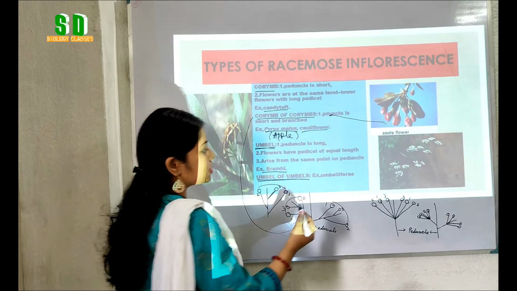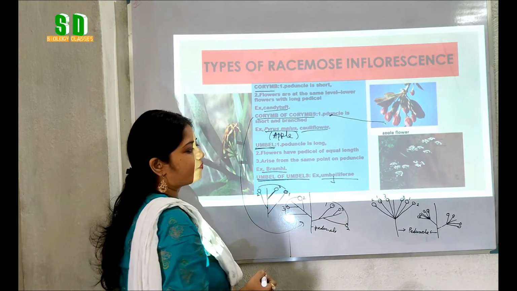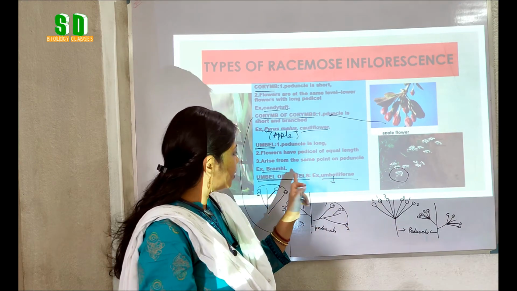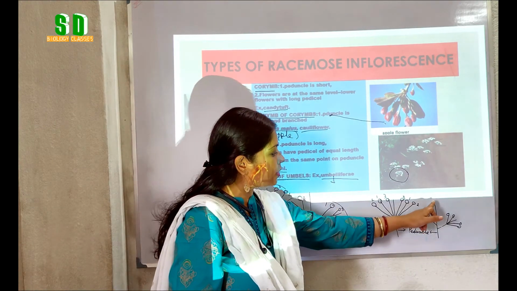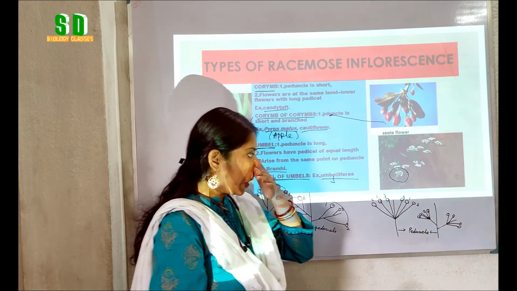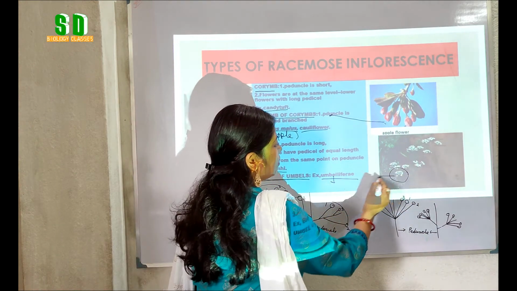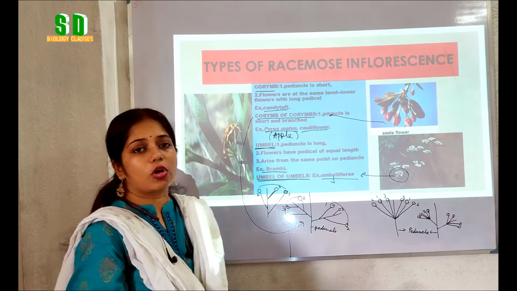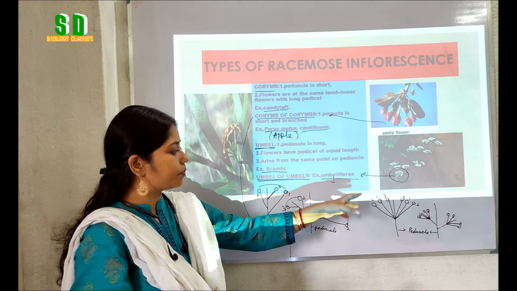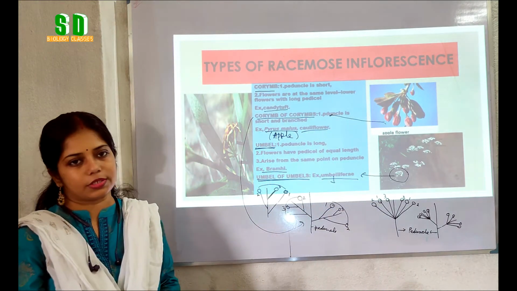This is the example. This type of inflorescence we get in the family Umbelliferae, where the peduncle is branched and on the branches the flowers develop. This is the example of the family Umbelliferae, commonly called the coriander plant, where the flowers are arranged in umbel of umbels inflorescence.